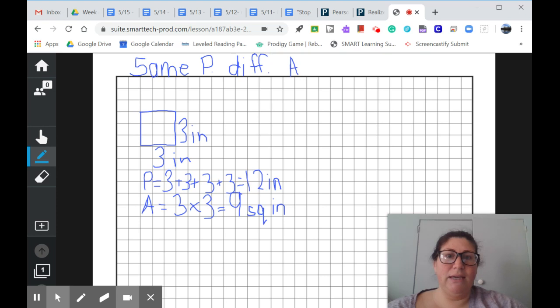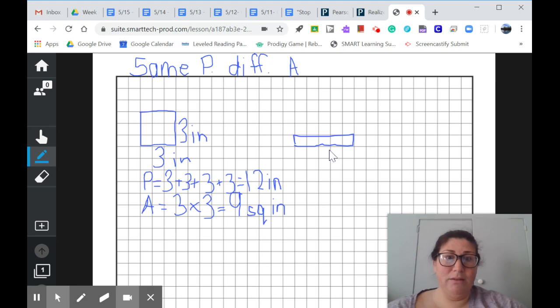So what I start to think is, okay, if I did a side that has a length of 5, so 1, 2, 3, 4, 5, and then I went 1 up, that's 6 of my perimeter, and then 6 plus 5, coming back here, that is 11, and then 1 more is 12.